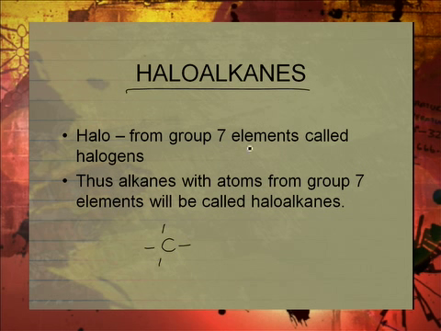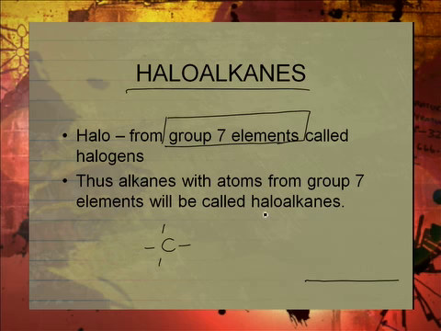Now, the first thing we need to know: halo elements are from group 7 in our periodic table, and those compounds are called haloalkanes, right? So if I've got this one here, say I've got hydrogen atoms there, and this one is replaced by chlorine, this one becomes chloromethane, okay?